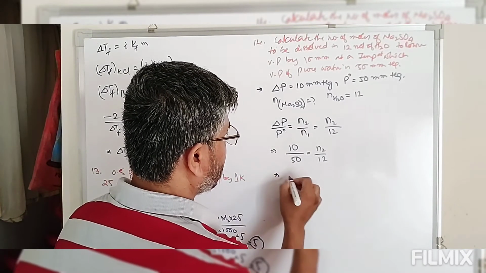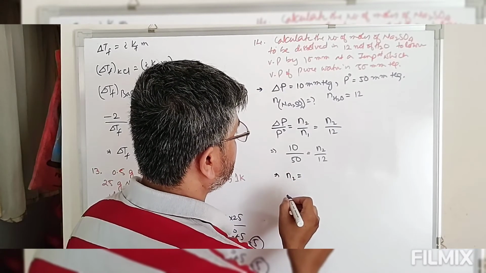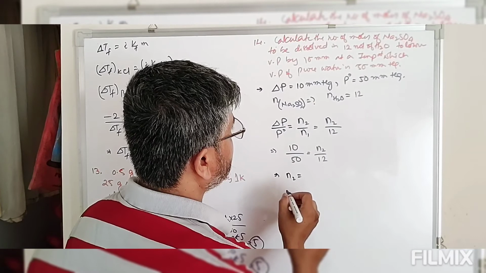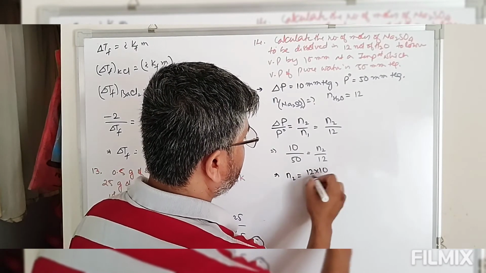So therefore look at this, N2 is equal to (12 into 10) divided by 50.